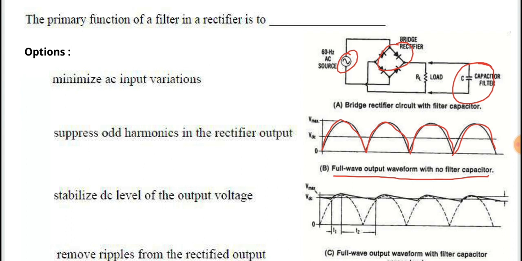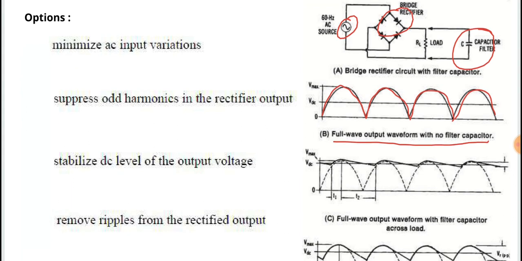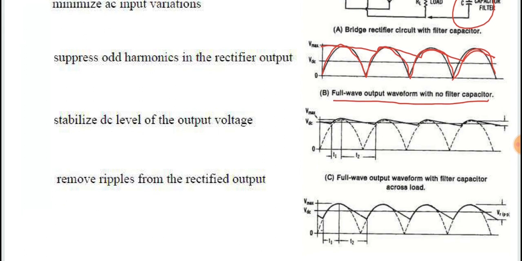When we connect a filter here, the voltage is going to be like this. It is going to remove the ripples and make the output voltage a constant value. It removes the ripples from the rectified output and makes it a DC value.